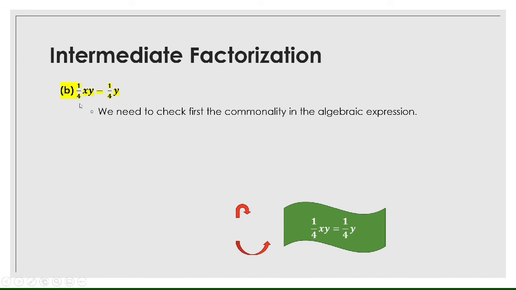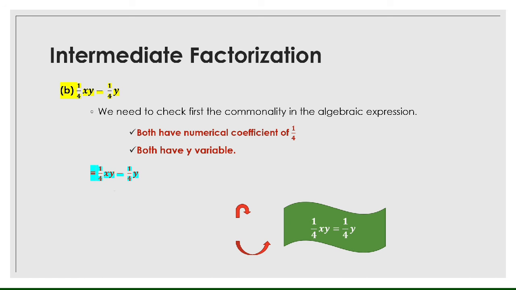So as you can see, both of them have the numerical coefficient of 1/4. So both sila ay may 1/4. And both of them as well have the variable y, kasi sa first one is 1/4 xy and the next one is 1/4 y. So both of them have y. So ganun din, kung dalawa sila, ang i-out mo is both 1/4 and the variable y.